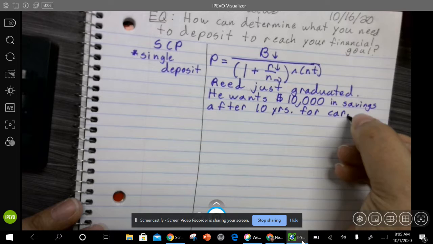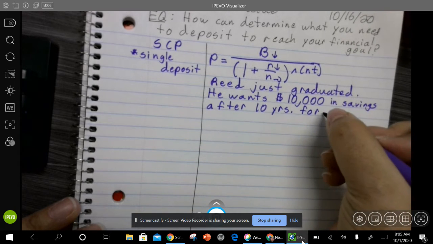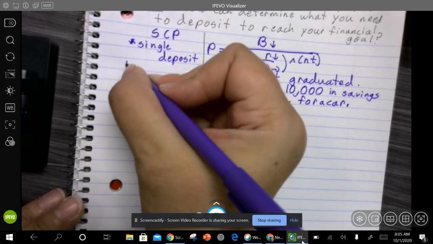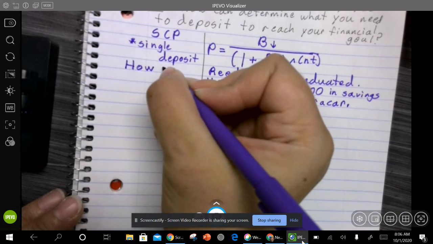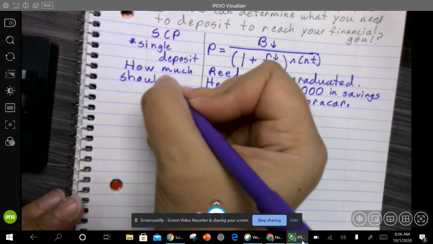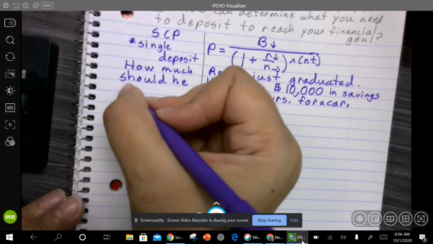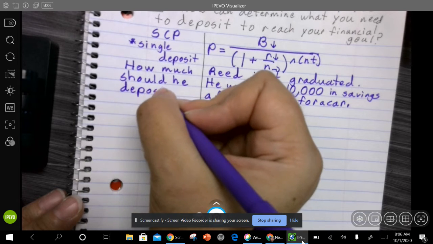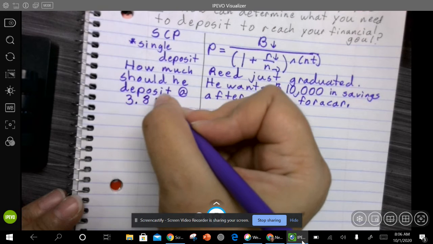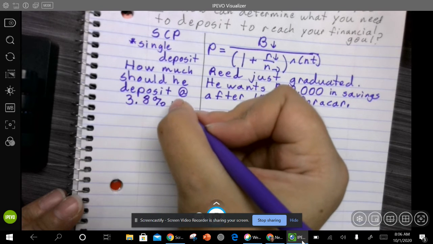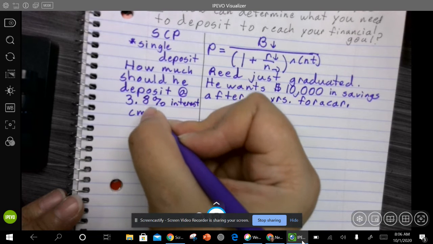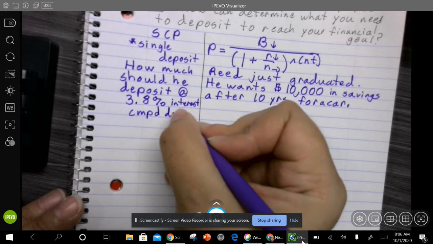Let's say he wants it for a car or for a down payment on a house. Okay, so how much should he deposit at 3.8% interest compounded daily?